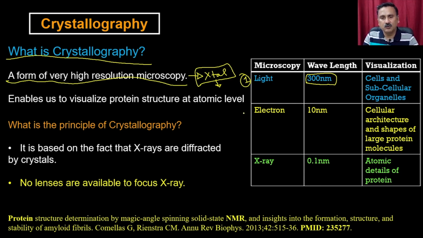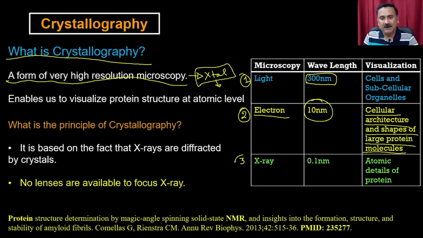When we talk about electrons, you can have electron microscopy, where the wavelength you use is 10 nanometers, and that allows you to see the cellular structure and the shape of larger protein molecules. In some cases you can see DNA structures as well.